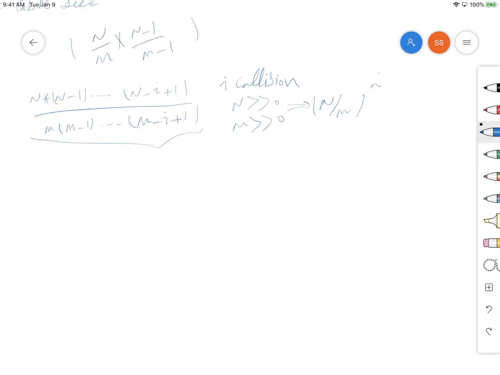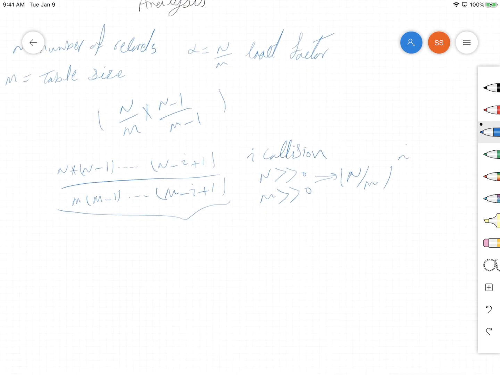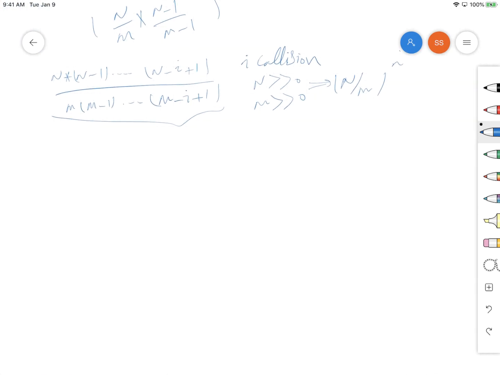Now we can find the expected number of probes for having i collisions when we have a successful search to insert a new key. That is going to be 1 plus the sum from i equal to 1 to infinity.